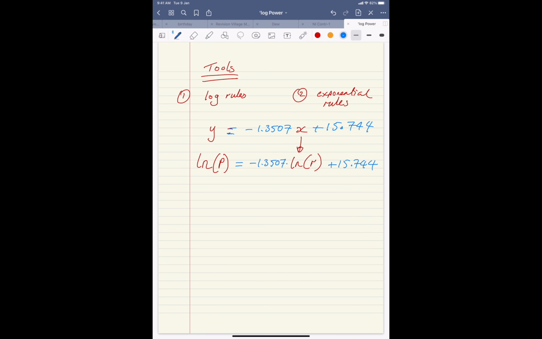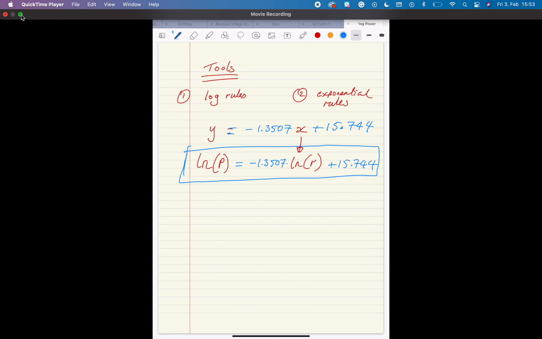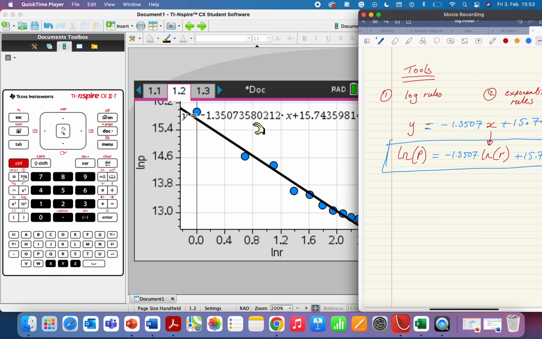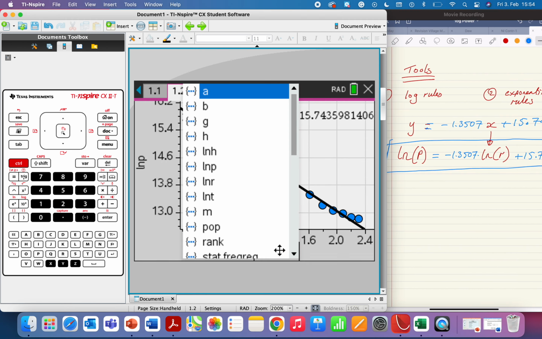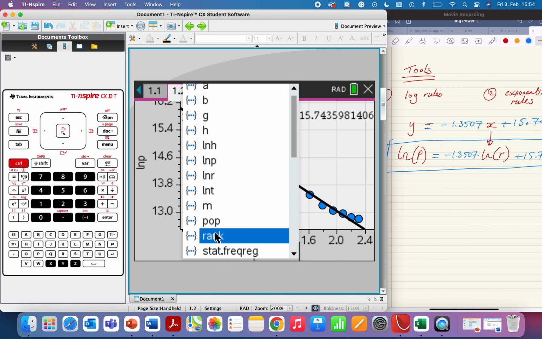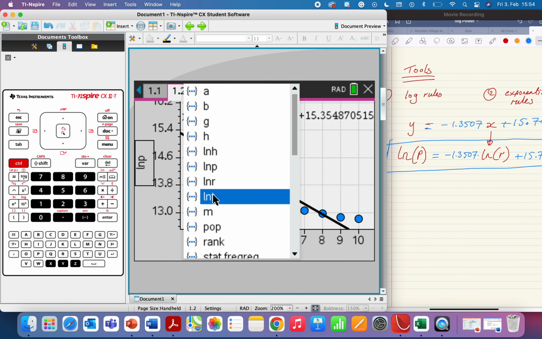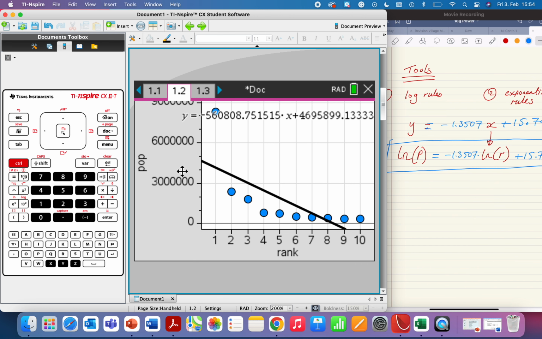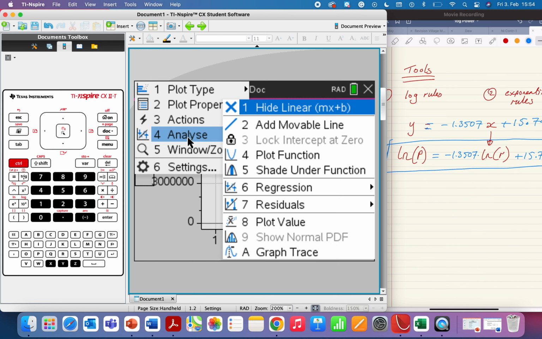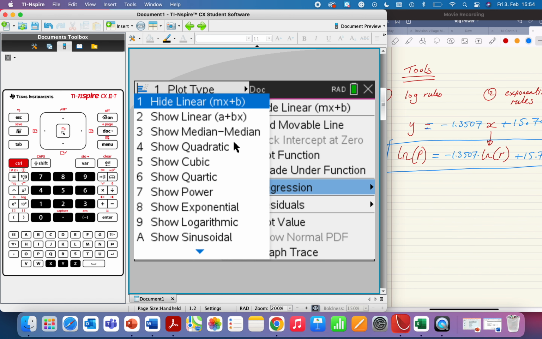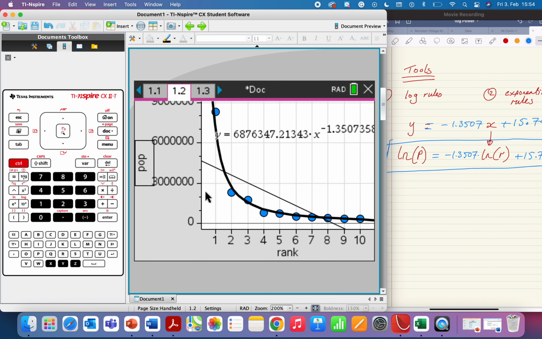Okay, and that's pretty much it. This is the linear version of, and we'll just go back to our calculator again, it's the linear version of this model where we had the rank against the population and we used menu, analyze, regression, power.